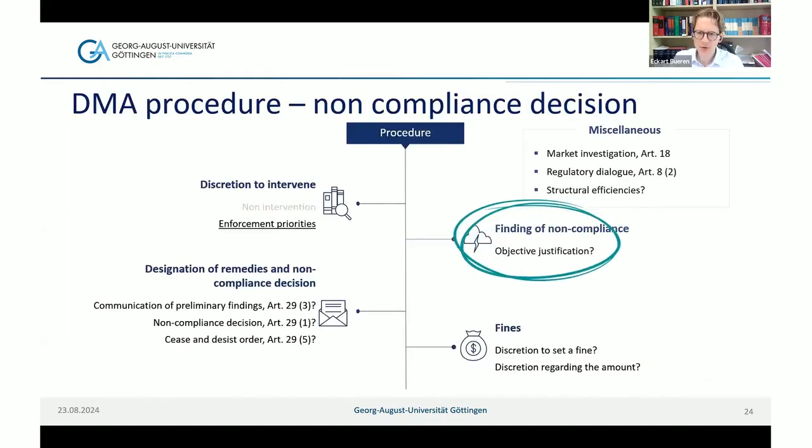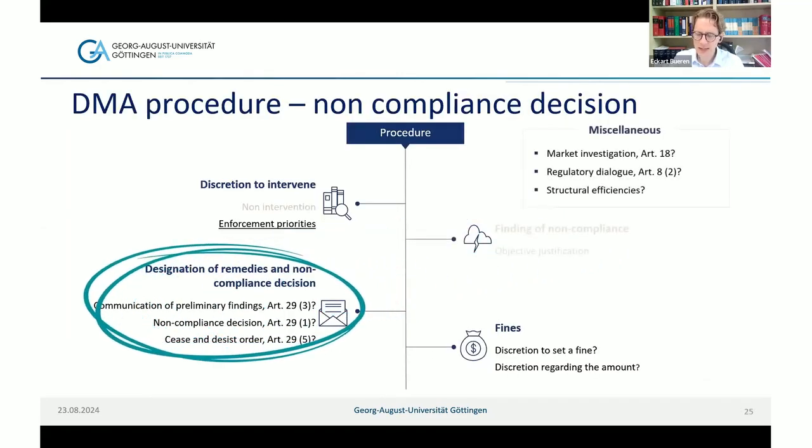Then we turn to the next stage of our proceedings, namely the designation of remedies or a non-compliance decision. There, different stages come into play. I have listed them here.